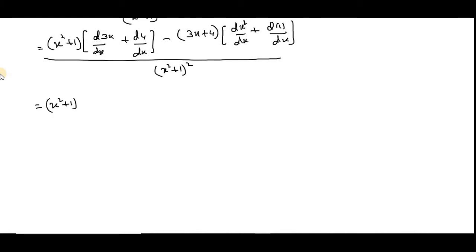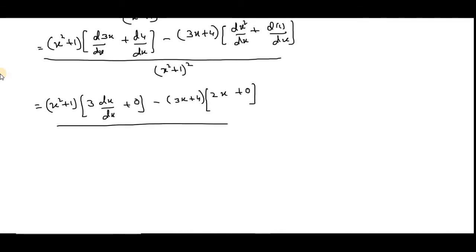Now x square plus 1, 3 because dx over dx is 1, and this is 0, minus 3x plus 4, again applying the power rule, 2x plus 0, whole divided by x square plus 1 whole square.